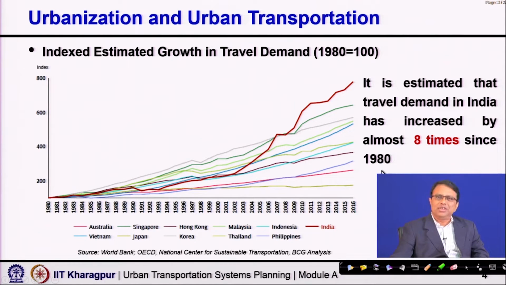This again shows that not only is urbanization happening, but overall the travel growth in India is enormous, and definitely it is going to be very similar if not higher in the urban Indian context.